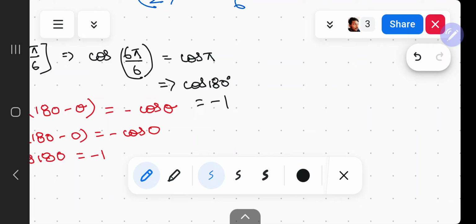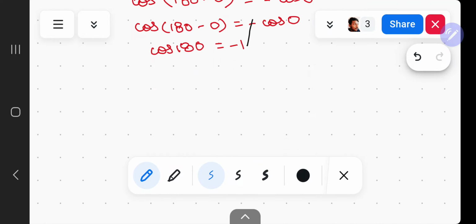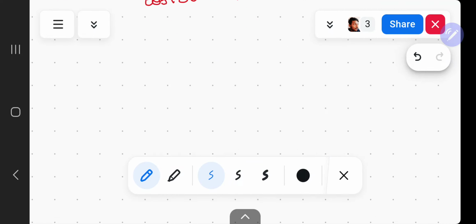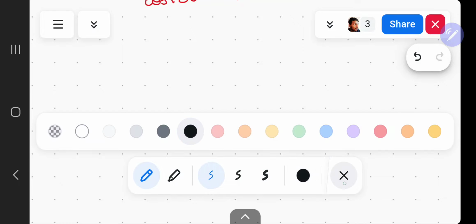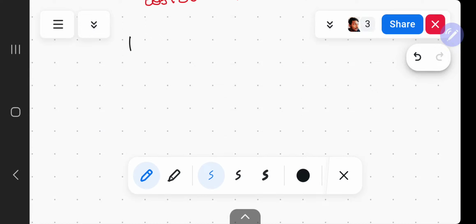Okay. Now we'll move to the next question. First, I'll discuss the formula. Then we'll see what's the question. So tan inverse.